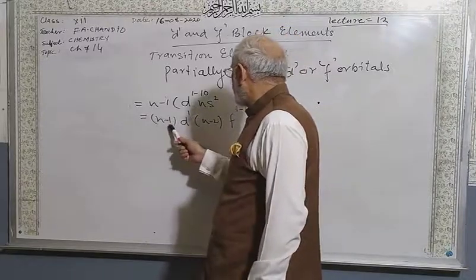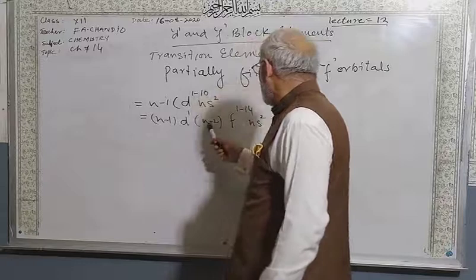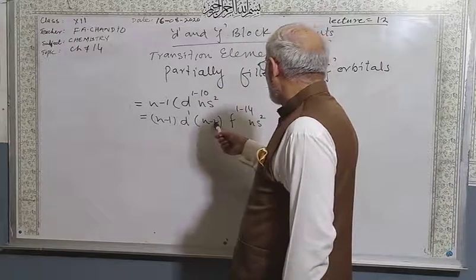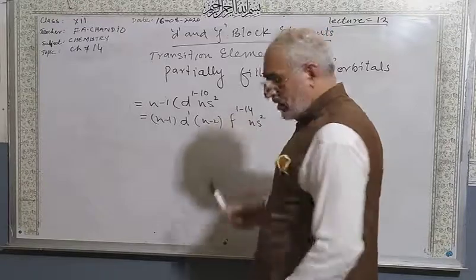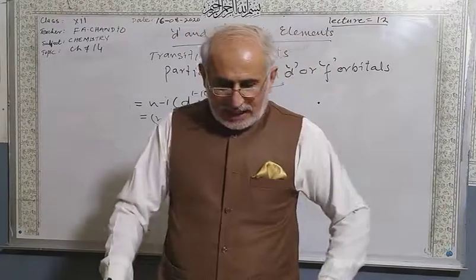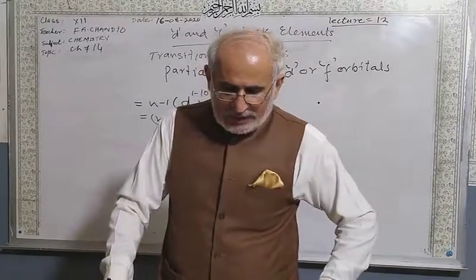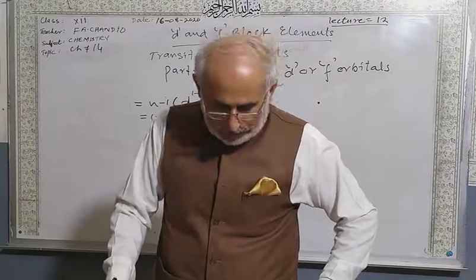In the F block, n minus 2, f is 1 to 14 electrons, and ns has 2 electrons. So these are the D block elements and the F block elements.